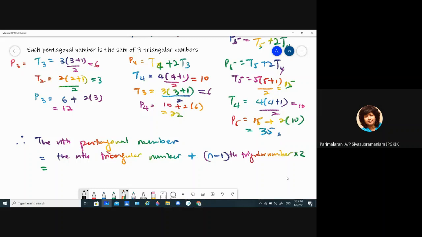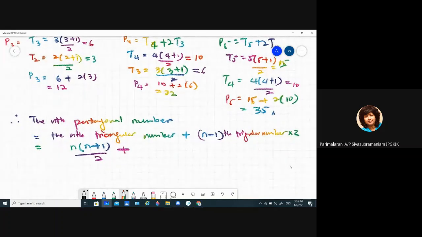What is the formula? n into n plus 1 over 2 plus the n minus 1 triangular number. We substitute n for n minus 1, so it is n minus 1 into n minus 1 plus 1 over 2.